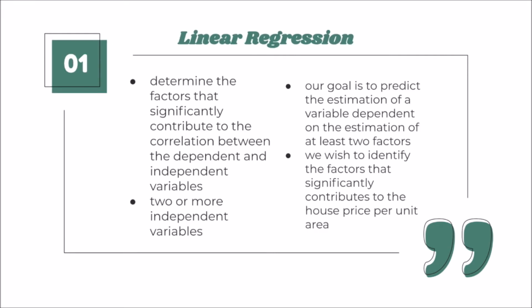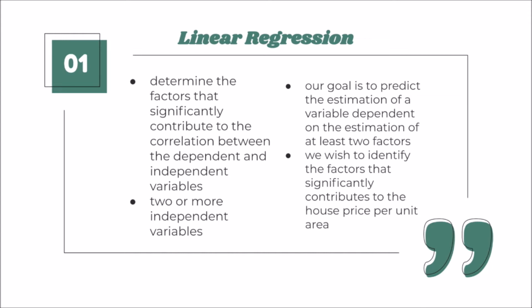The reason as to why we must use linear regression is because, based on my analysis, the statistical test allows us to determine the factors that significantly contribute to the correlation between the dependent and independent variables. Given what is being asked, we are tasked to determine which factors serve as significant predictors of house price per unit area. Aside from that, there is a presence of 2 or more independent variables, as we can see from the situation.